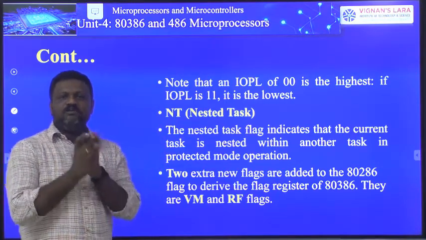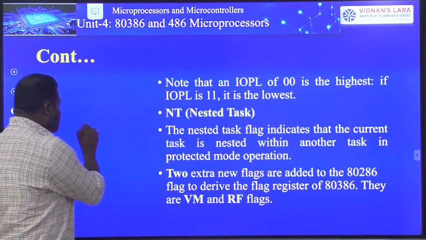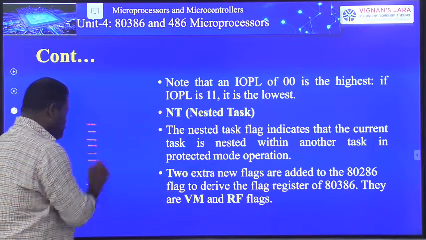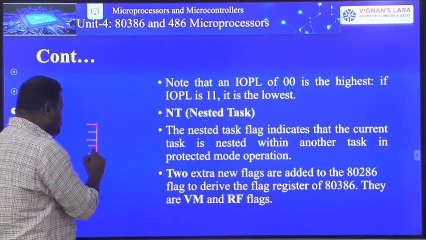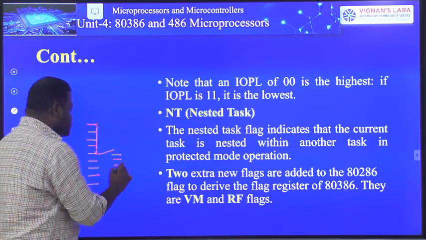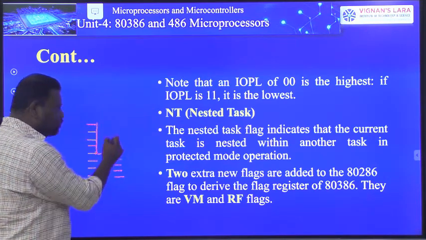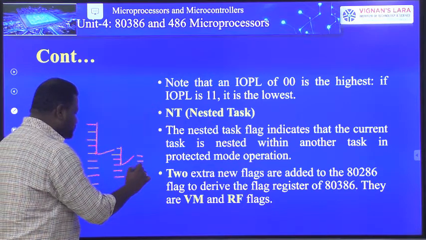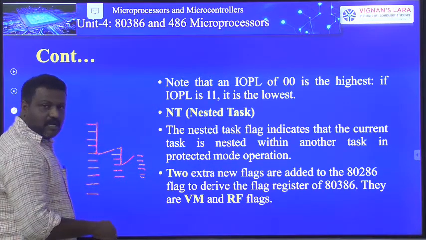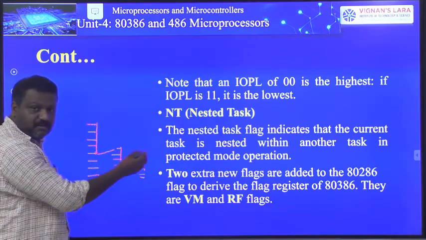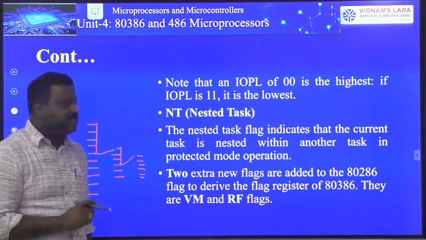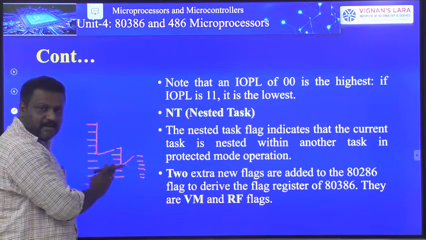That means your operation is like this. For example, I am executing some program like this. Somewhere else here I want some subroutine, so I shift my execution to that subroutine. But before finishing this, I need some other tasks. If I have this particular scenario, this is what we call a nested operation. That means one operation calls another.